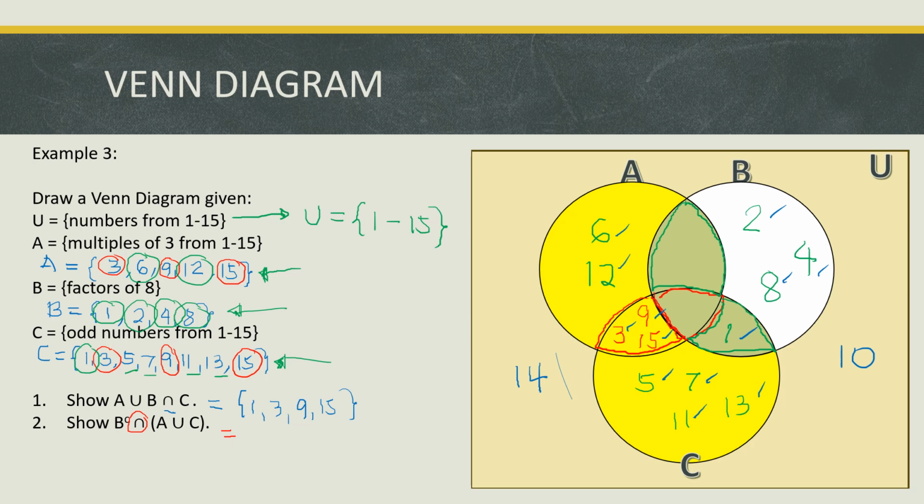So what are the elements showing the complement of set B that intersects with A union C? Let's start with the smallest number: 3, 5, 6, 7, 9, 11, 12, 13, and 15. So these are the elements of that set.